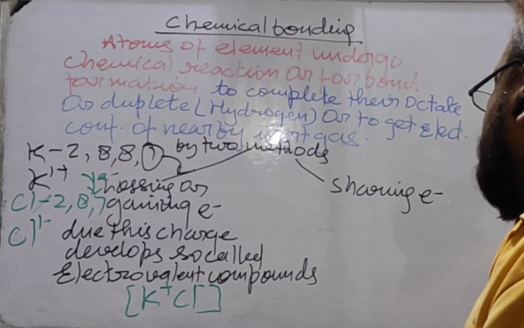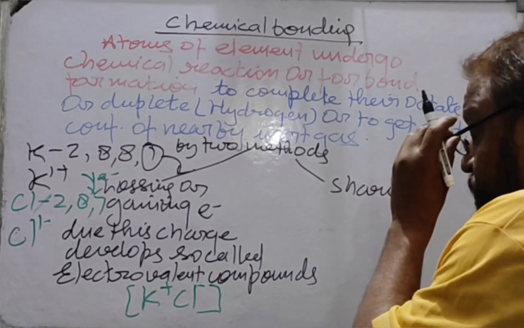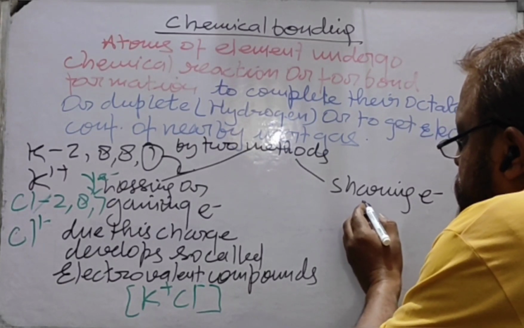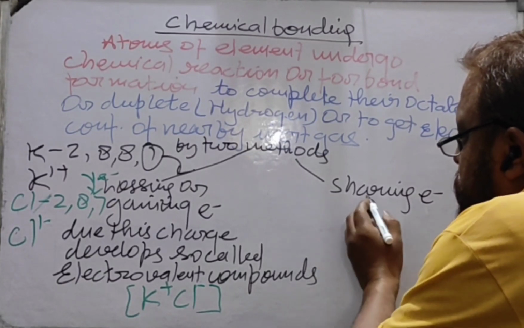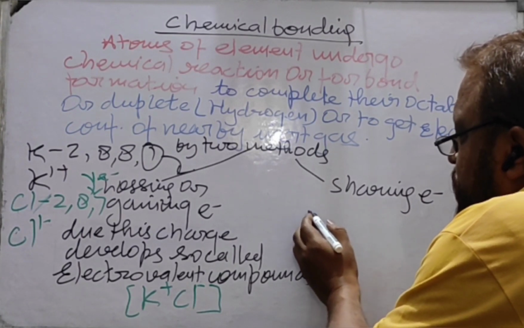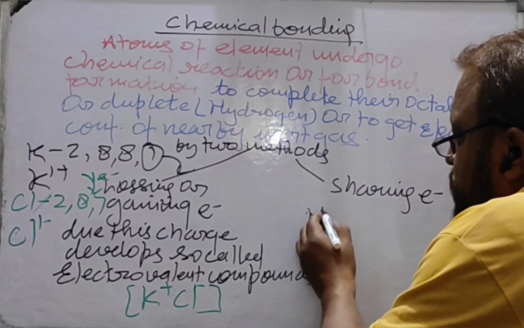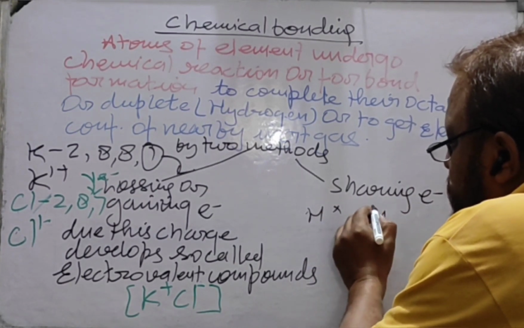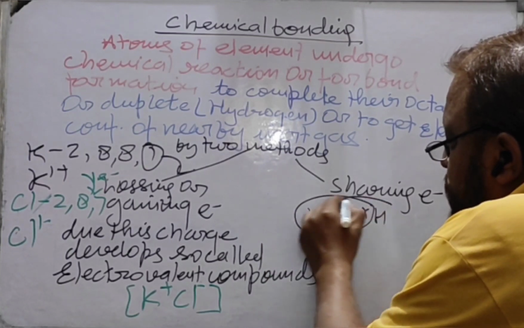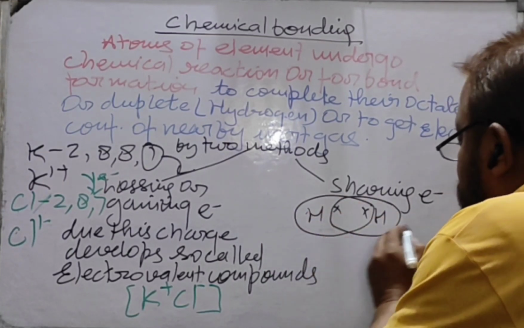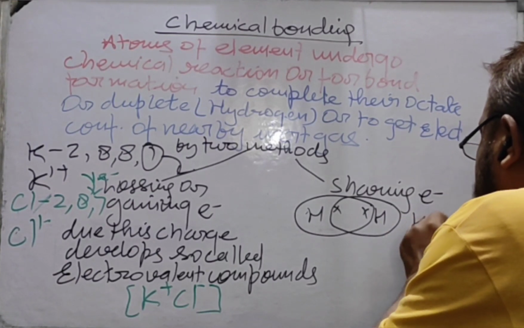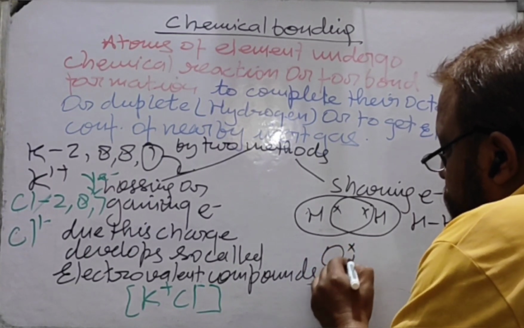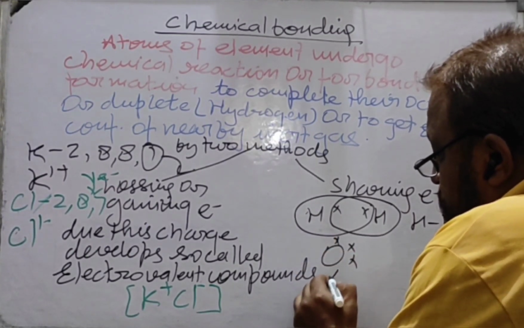And now we have sharing of electrons. Hydrogen has one electron in its outermost shell, so each hydrogen takes one electron from the other, and both get two electrons, complete their duplet and form a single bond.